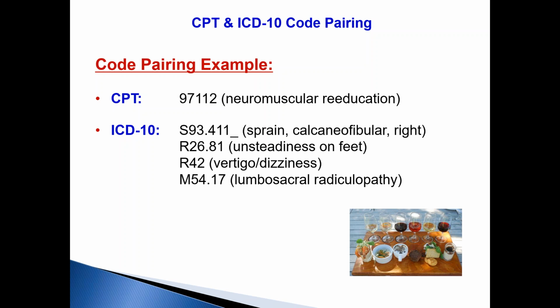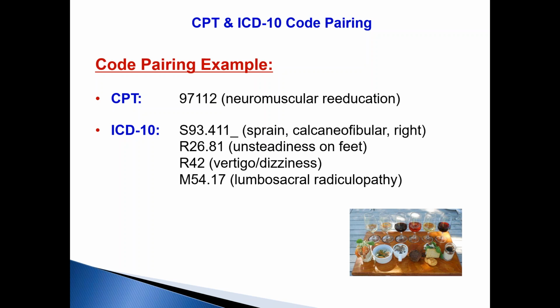Now, neuromuscular reeducation with some insurance companies, they say, well, the patient has to have some sort of advanced neuromusculoskeletal disorder like multiple sclerosis. Well, some companies say that. Others don't require that. I see some insurance companies, they're okay with a patient having something like a sprained ankle.